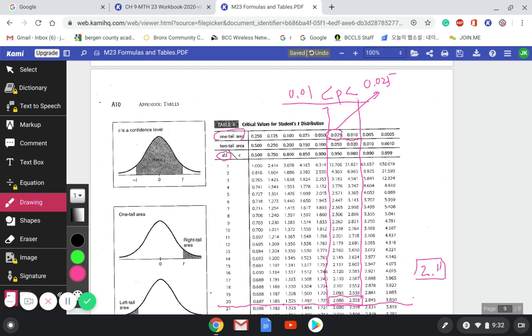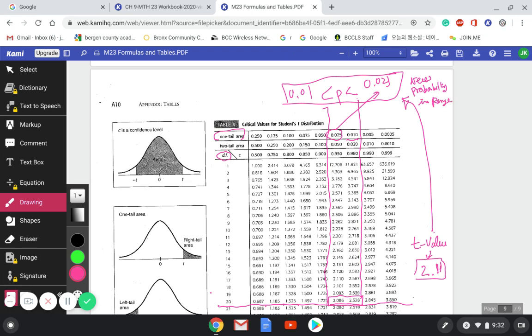So your probability when t value is that becomes a range.